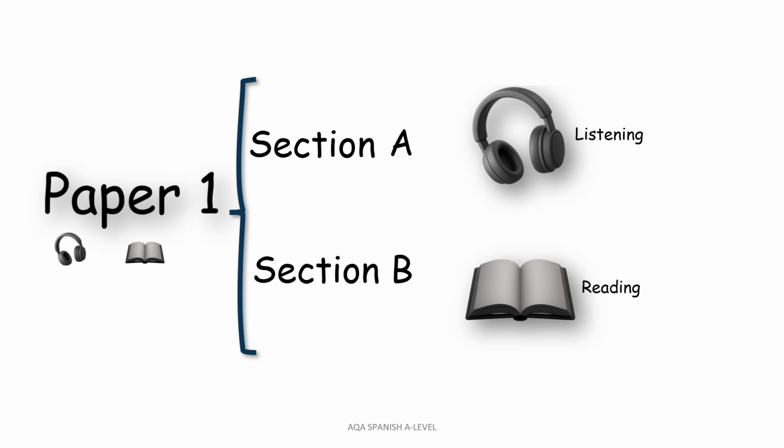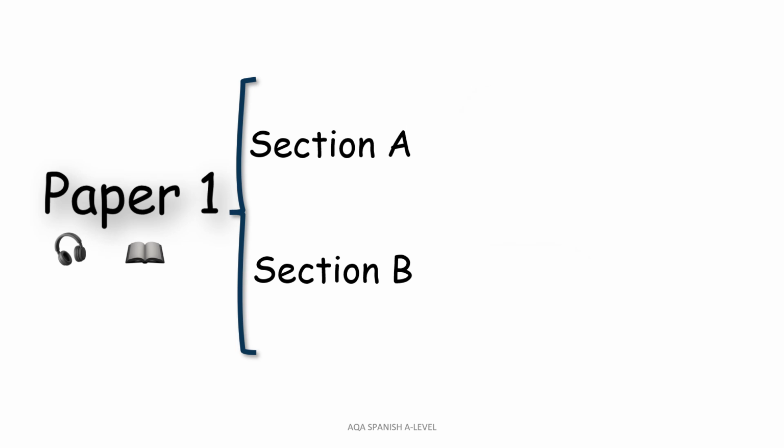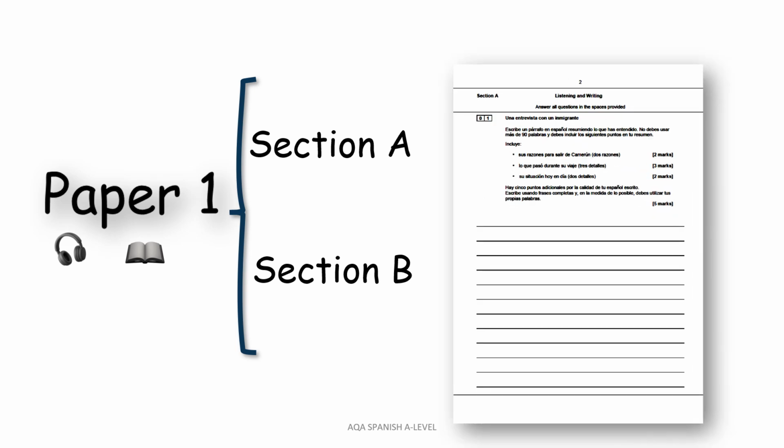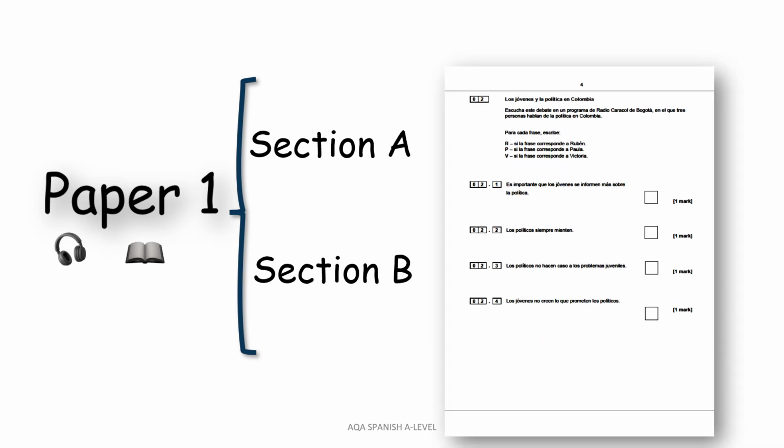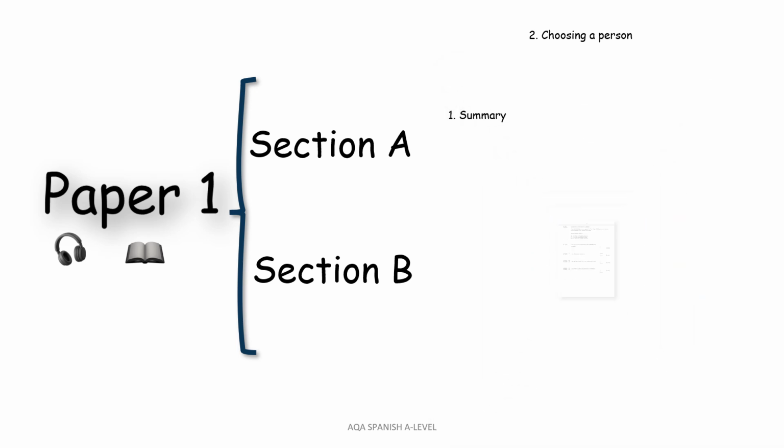Let's start with Section A. In Section A, one of the questions will be about summarizing the speech you will hear in the listening. You will also find a question where you will need to identify who is saying what, so you will need to choose the right person.